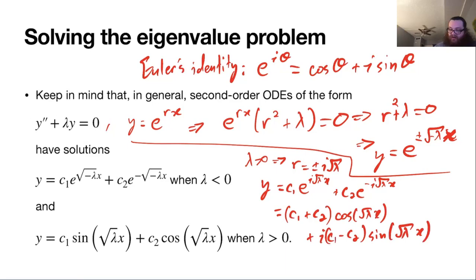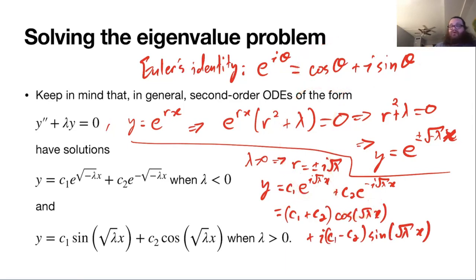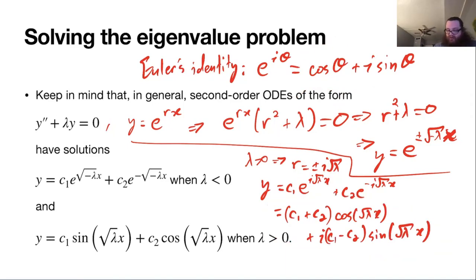Again, take this expression, plug it in there, plug it in there. Use the fact that cosine of minus theta is cosine of theta, and sine of minus theta is minus sine of theta. You're going to get this. And then let's rename these constants, because again, they're constants.